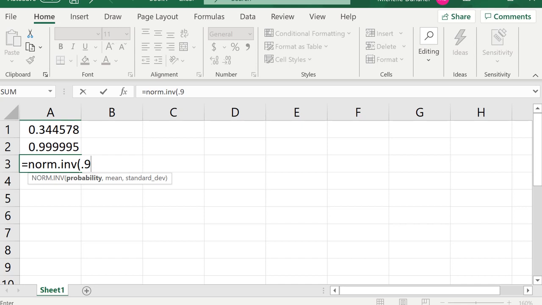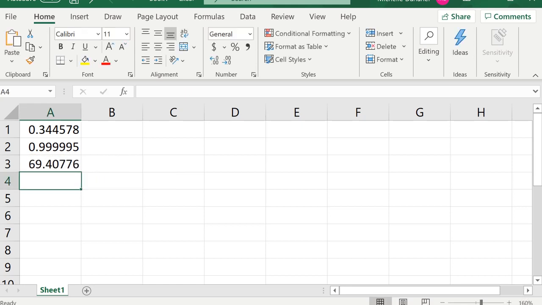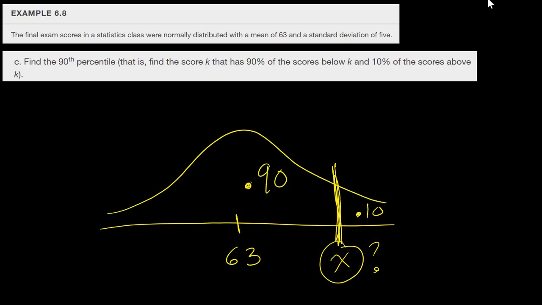So the left side was 0.90. The mean was 63 still, and the standard deviation is 5. Close the parentheses and press enter. 69.4. So this x value is 69.4. All right, so the 90th percentile is 69.4.